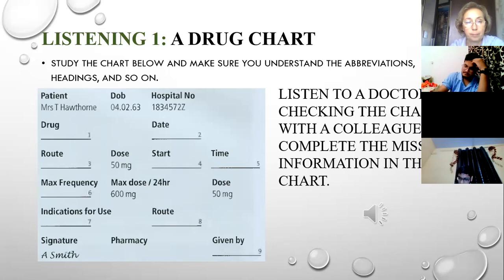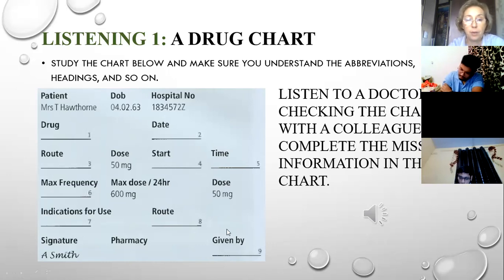She was prescribed tramadol today, 15th October 2009, given intramuscularly, 50 milligrams, started on 13th October at 11:30. Maximum frequency every 4 hours, maximum dose 600 milligrams. To be administered as required intramuscularly and given by Senior Nurse Bond.